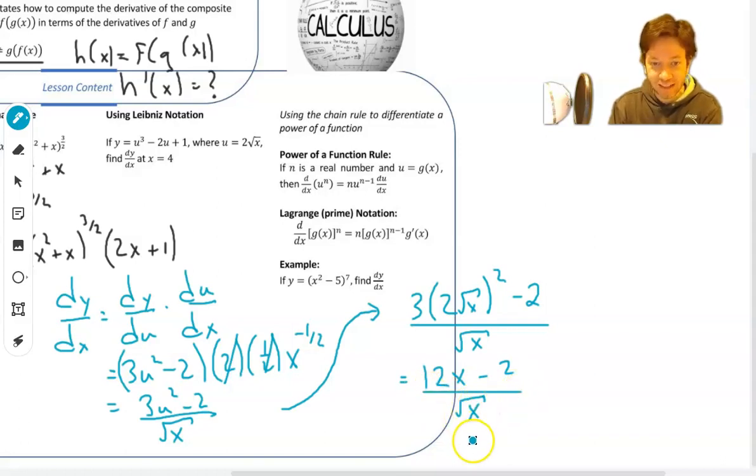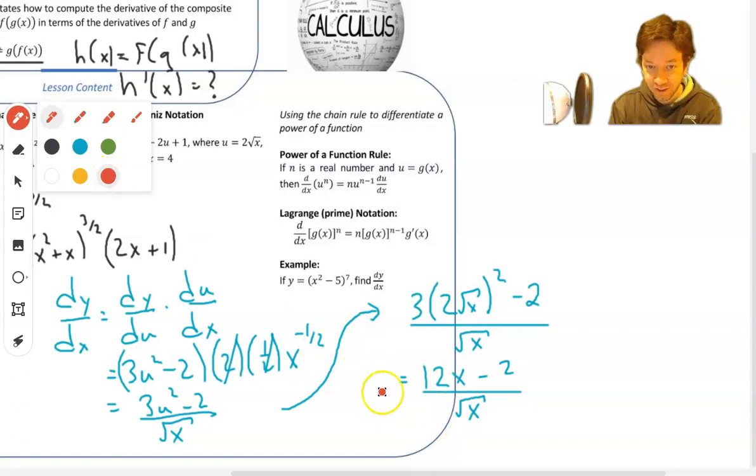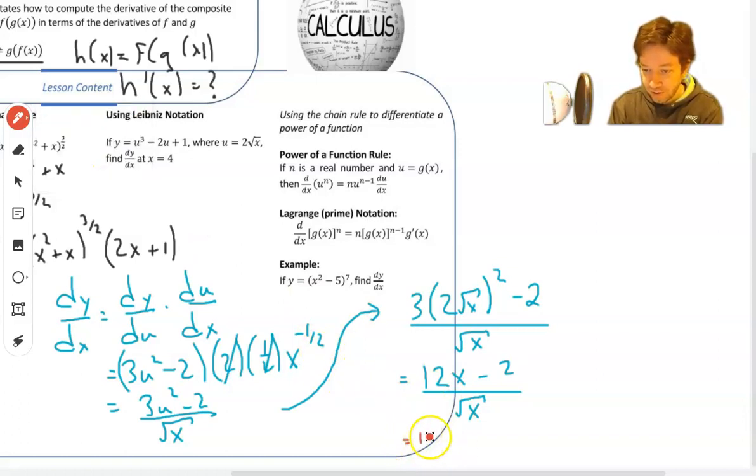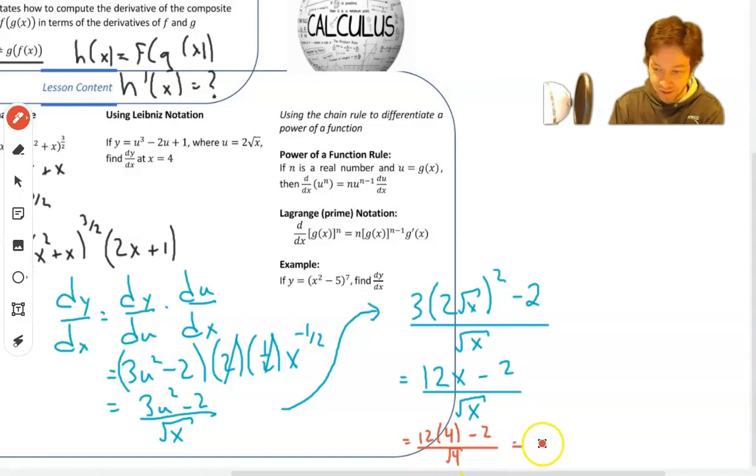And then the question asks for what this equals at x equals 4. So if you substitute x equals 4 into it, you get 12 times 4 minus 2, which is 48 minus 2, 46, divided by the square root of 4, which is just 2. So 46 divided by 2 is 23.